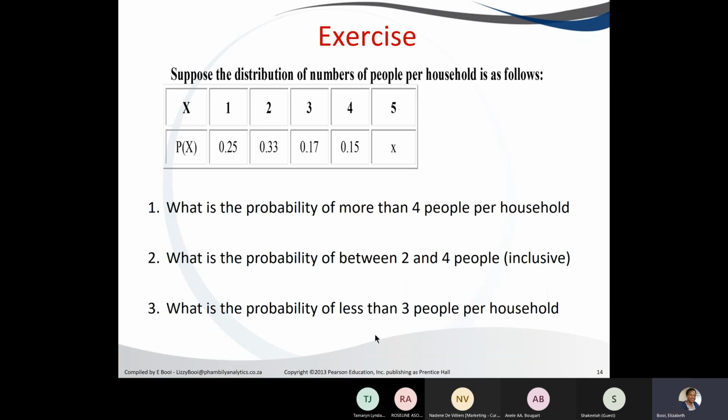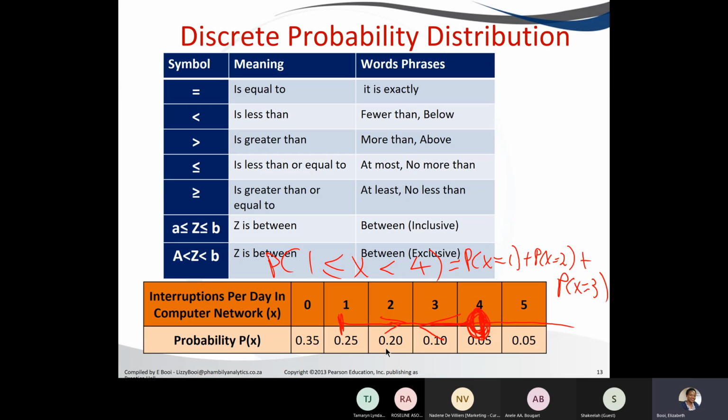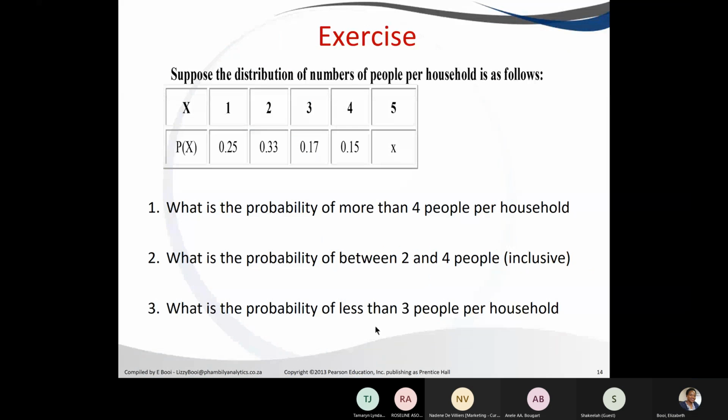What is the probability of more than? You remember what more than is? More than, it is greater than. What is the probability that X will be between 2 and 4 people, and this is inclusive?